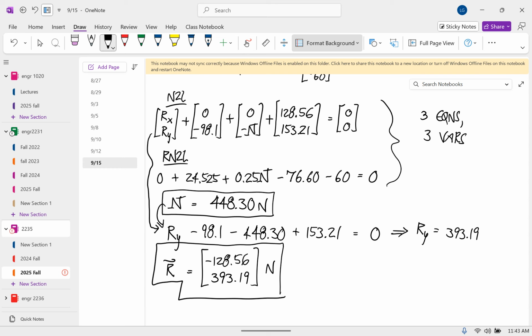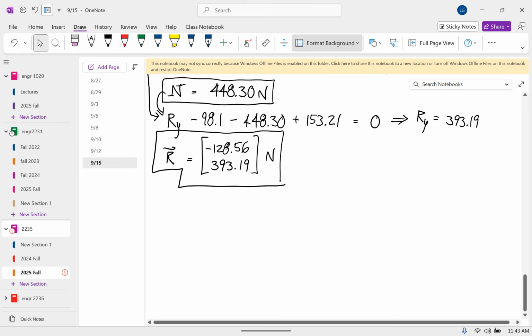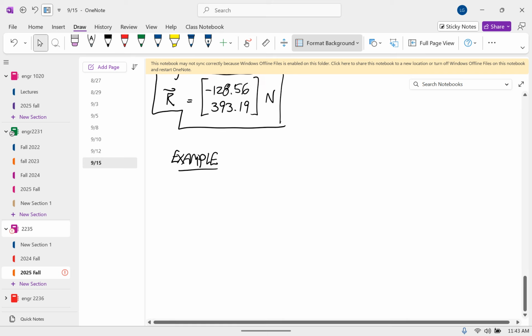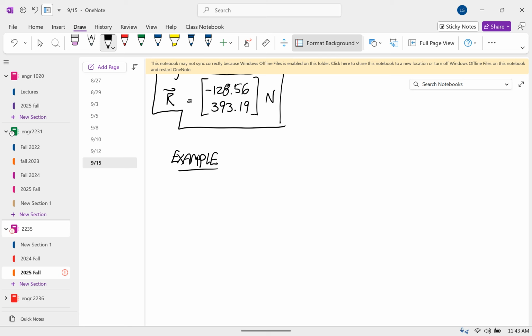Let's do another quick one, and I'll do one where the math is simple, and we'll just see how a variable couple comes into the problem, because that's something that we're going to get. So let's say that we have, let's make the body a circle with a radius of 0.5 meters.